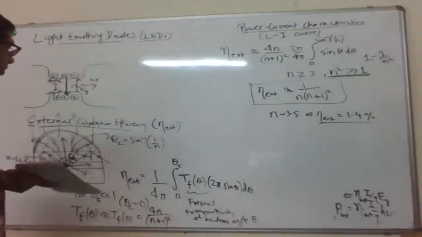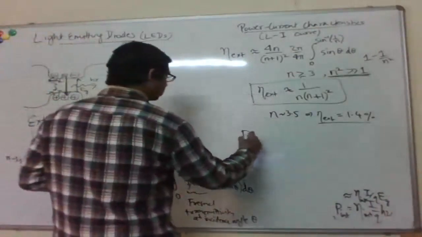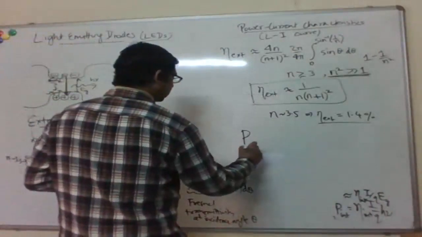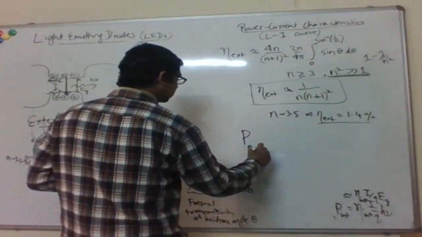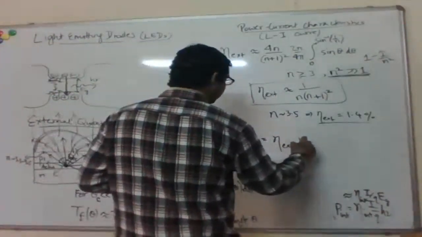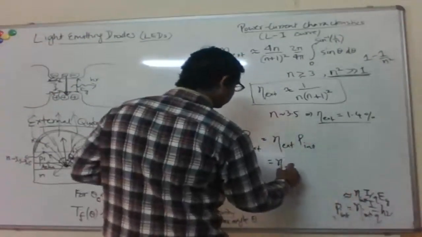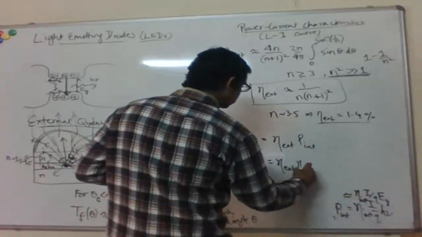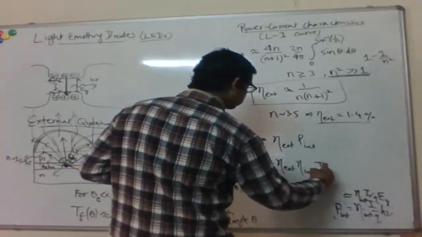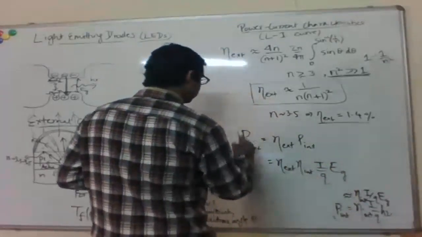Okay, so you can see the total power coming out of the device, the P external, is basically the external quantum efficiency times the internal power generated. So this is equal to... Okay.